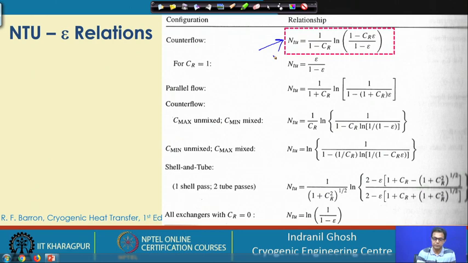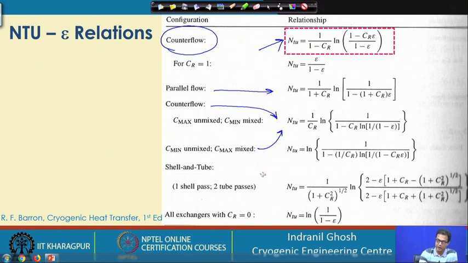You have to mind that this expression is for the counter flow heat exchanger arrangement. In case of parallel flow, obviously the expression will change, and even in case of counter flow where the fluid is mixed or unmixed, we will solve this problem later on when we discuss the mixed and unmixed fluid problem.